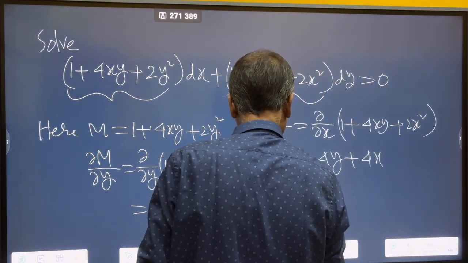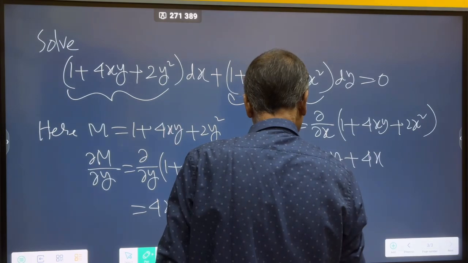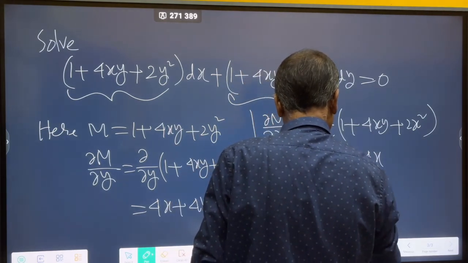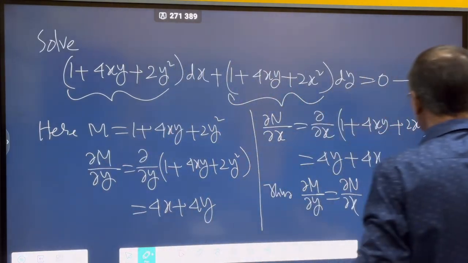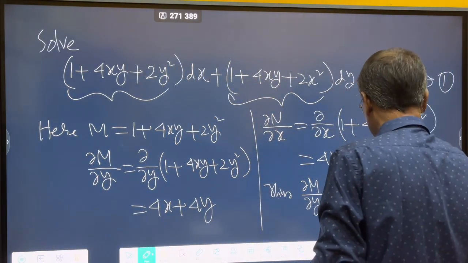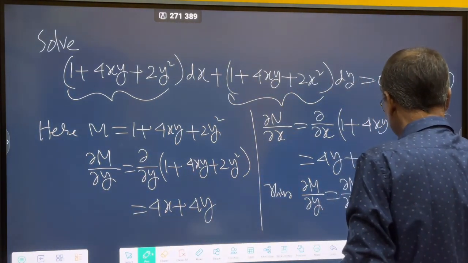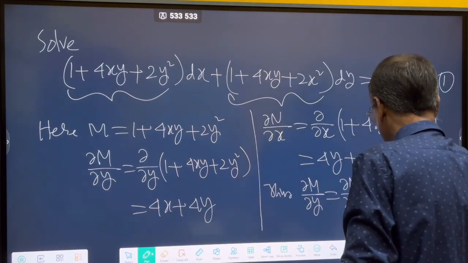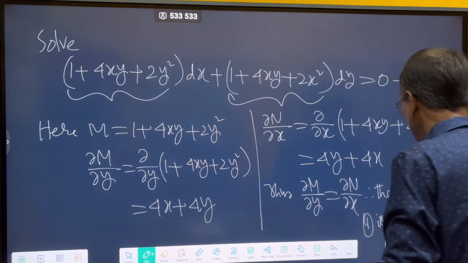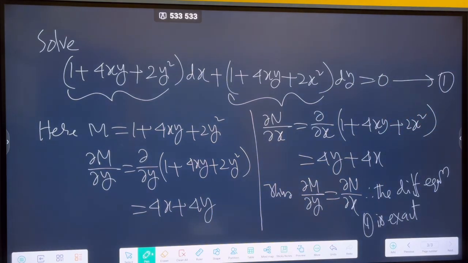Thus, del M by del y is equal to del N by del x. Therefore, suppose this is number 1. Therefore, the differential equation 1 is exact.